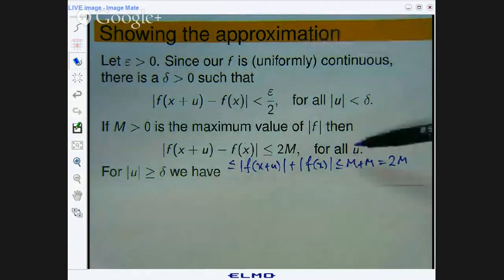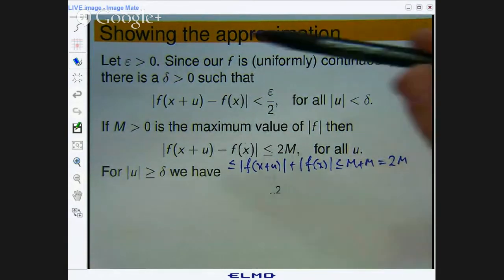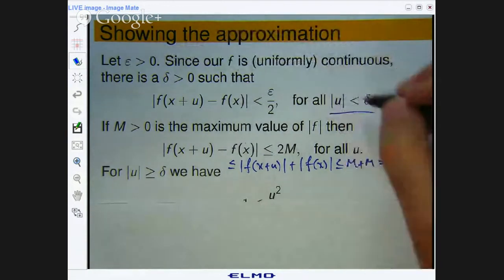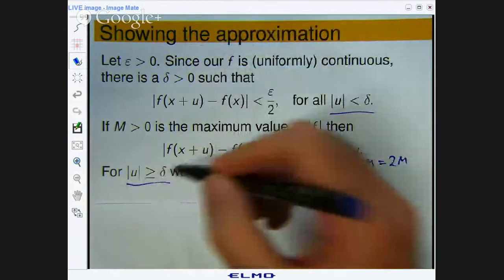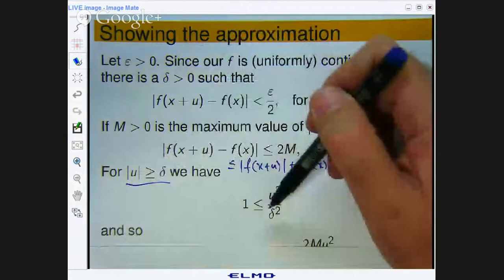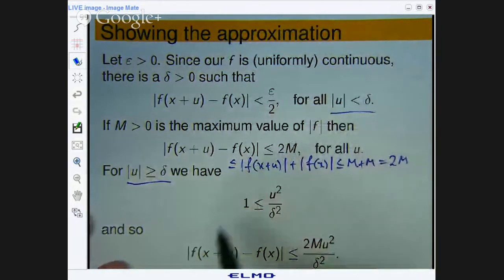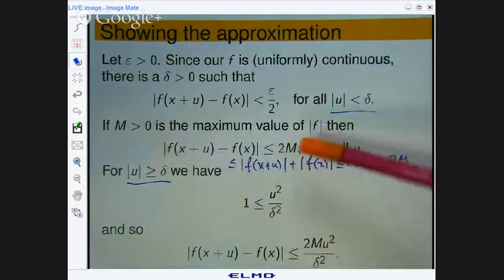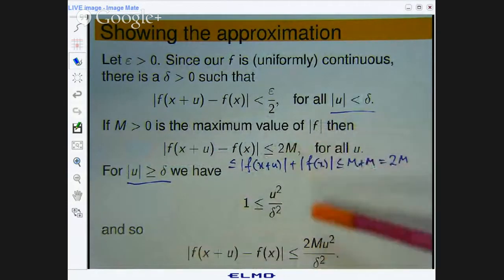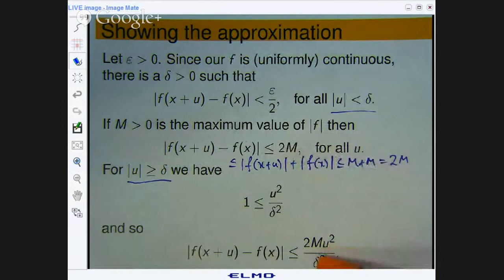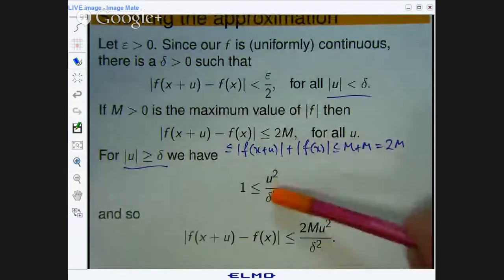So that's true for all u. So for u in here, we have a bound for this difference. For u out here, we can just rearrange this and square. We have this. So working it up here, this is going to be less than or equal to this, because u squared on delta squared is greater than or equal to 1.